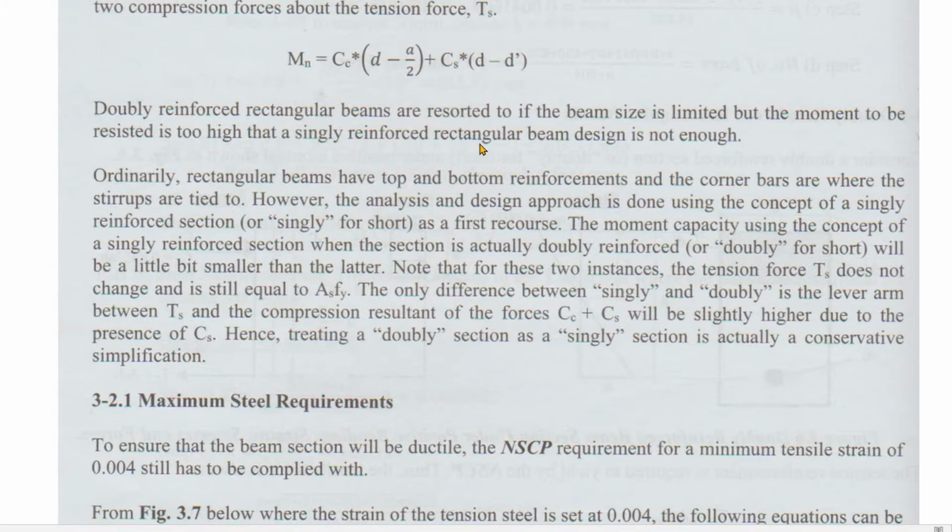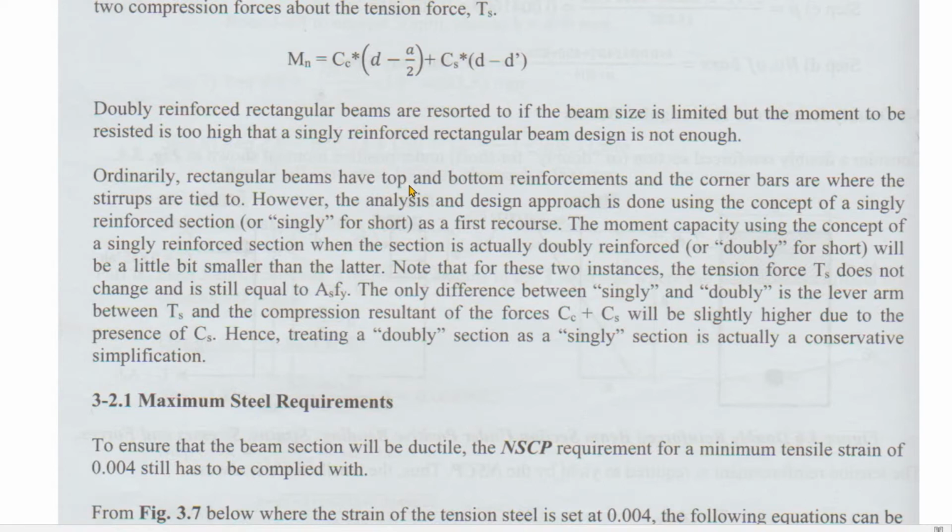Meron kang moment. Pero kung minsan, yung moment load is mas malaki kaysa sa capacity moment nung tension steel alone. So, that's the time na i-consider mo rin yung compression steel na A's.